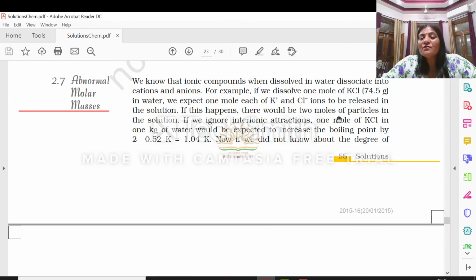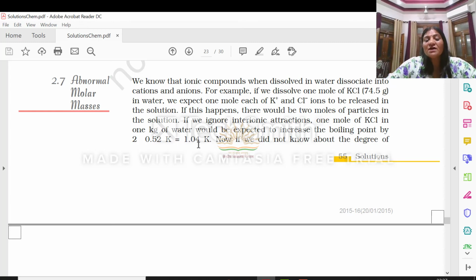If we dissolve 1 mole of KCl in water, we expect 1 mole each of K plus and Cl minus ions to be released in the solution. If this happens, there would be 2 moles of particles in the solution: 1 mole potassium ion and 1 mole chloride ion. But initially we have taken only 1 mole of KCl. So if we ignore interionic attraction, 1 mole of KCl in 1 kilogram of water would be expected to increase the boiling point by 2.